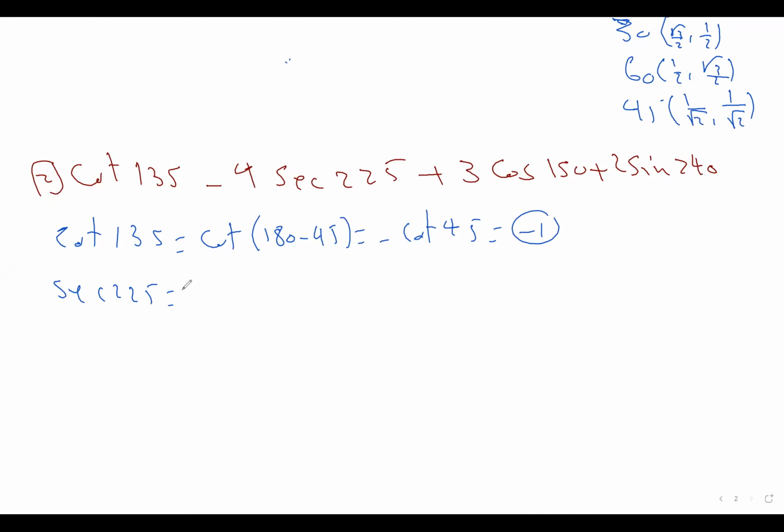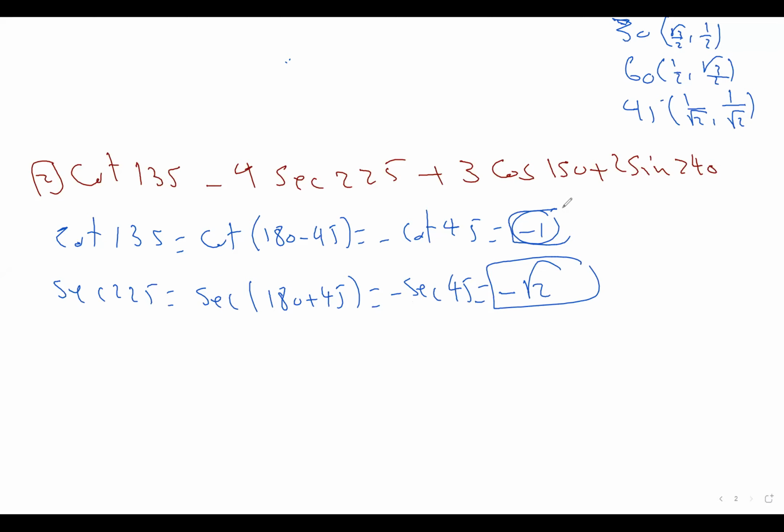Third quadrant. It will be sec(180 plus 45), which is negative sec 45. Sec is the reciprocal of cosine. It will be negative the reciprocal of cosine 45, which is negative root 2.